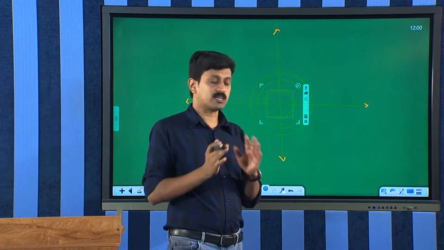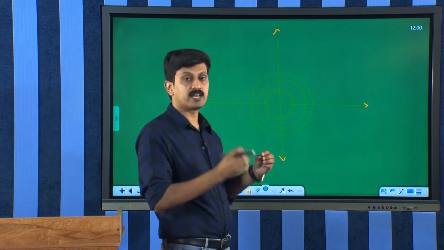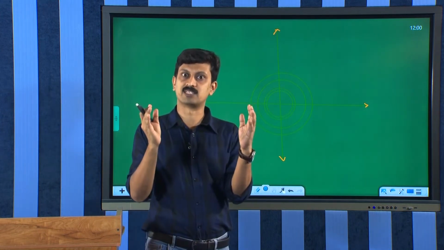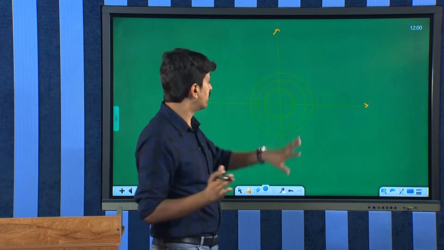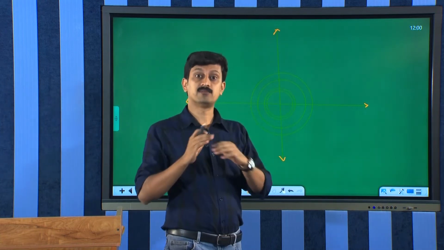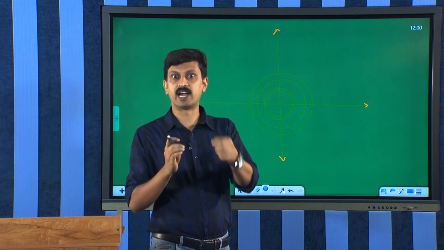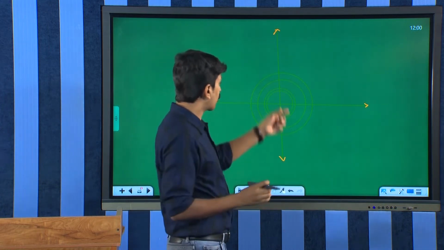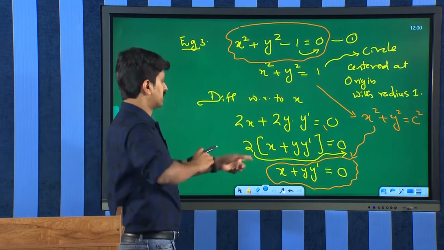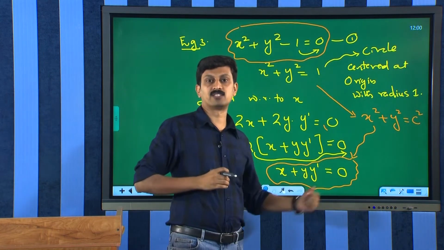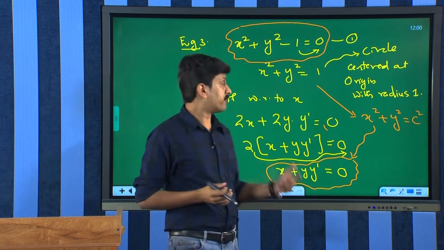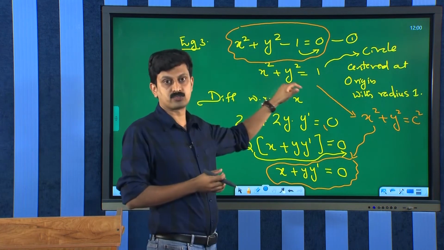See, these are all concentric circles. Inside a circle you can have infinitely many circles. If thickly packed circles are there, we will feel like a disc. Depending on the different values of c, they are all the solutions of the differential equation x plus y dash is equal to 0. Among that, this is only a particular solution.